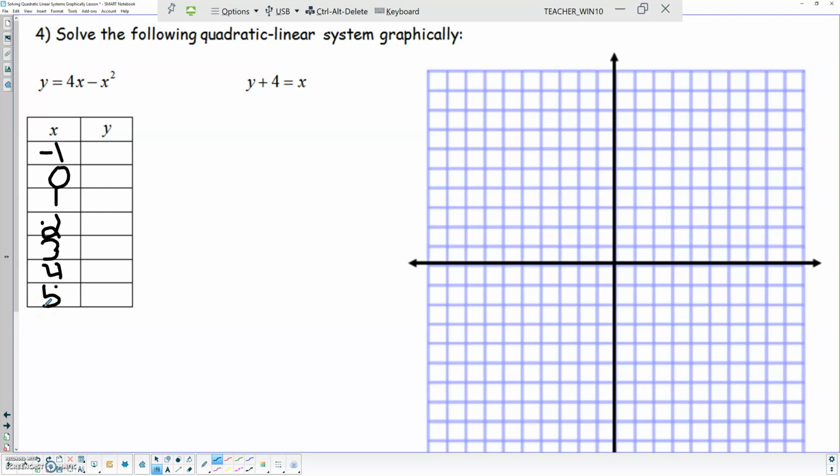Right, so then my corresponding y values were -5, 0, 3, 4, 3, 0, -5.